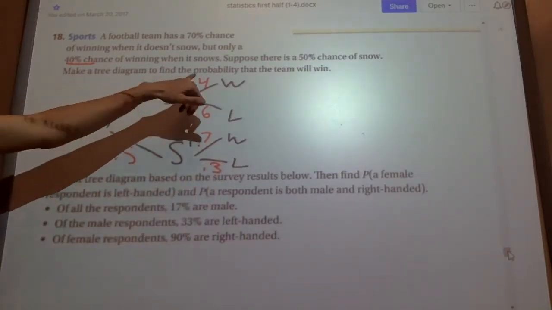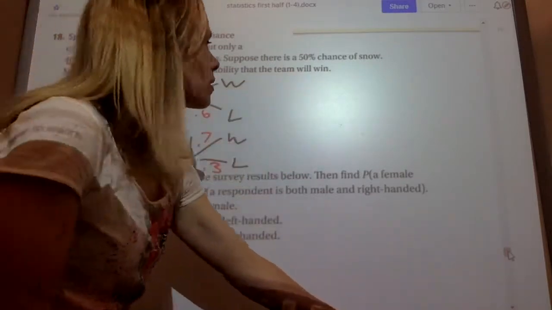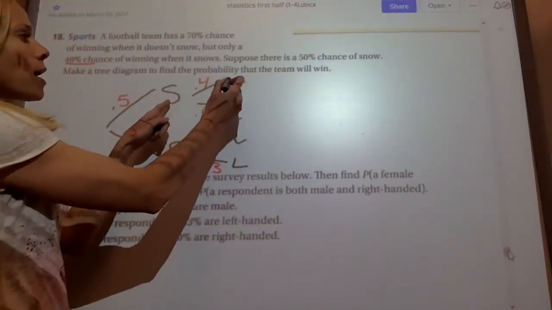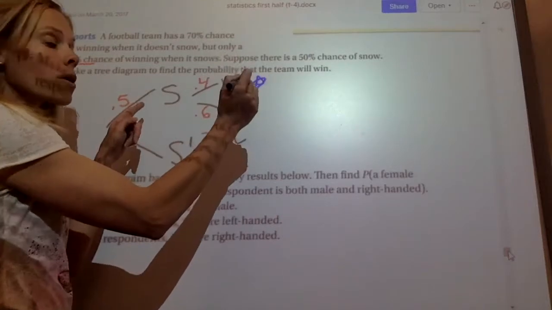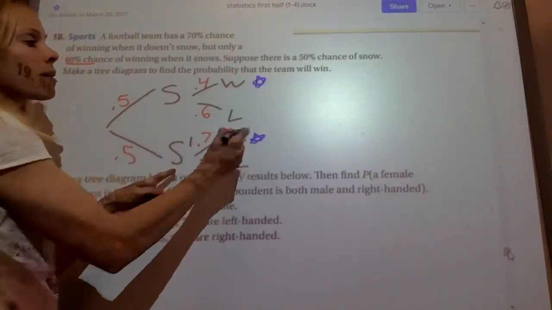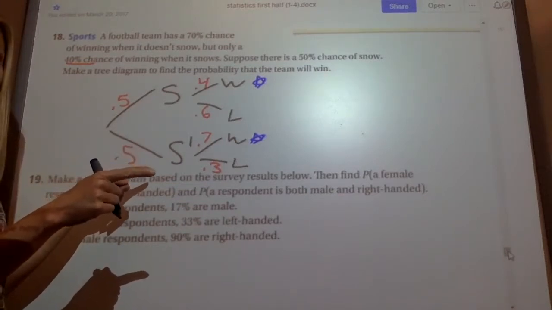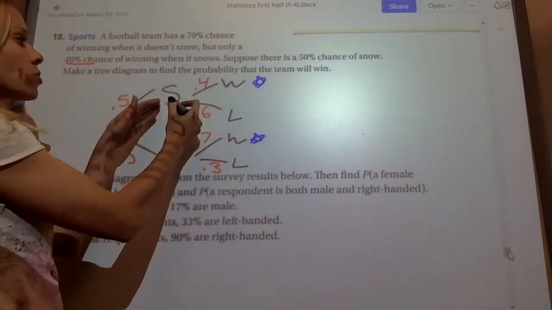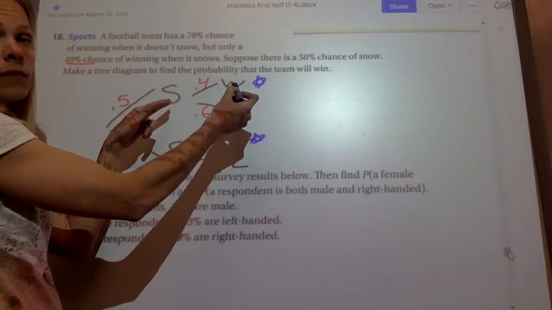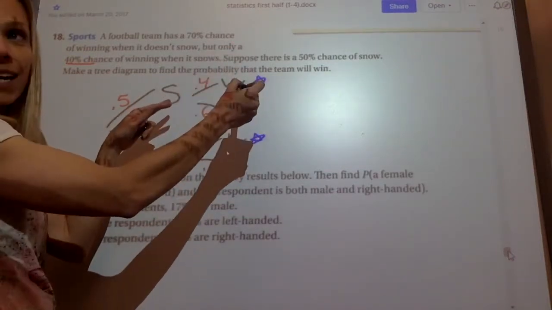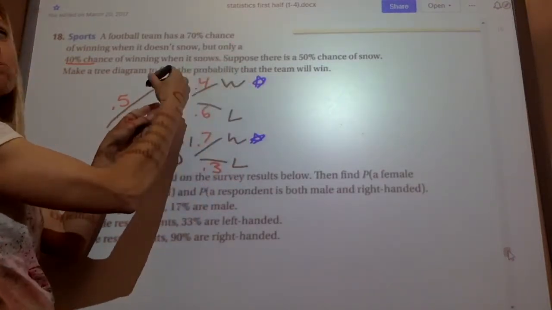Now this is what I want. I want the probability the team will win. So I want snow and win, or no snow and win. See how I have both ands and ors in that statement? Snow and win, so I would multiply.